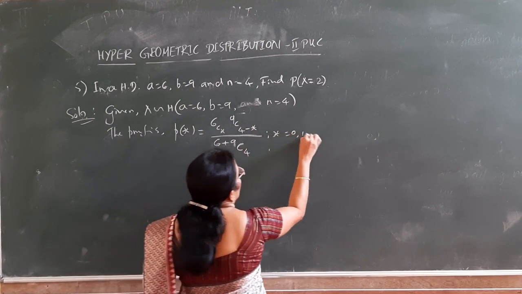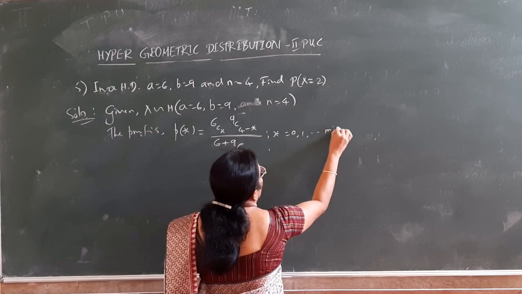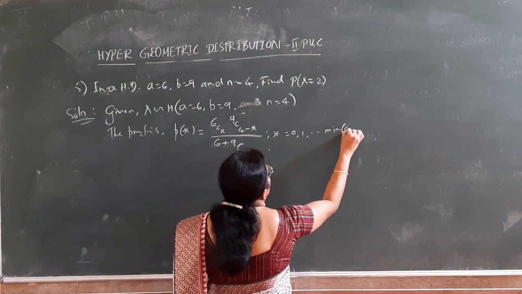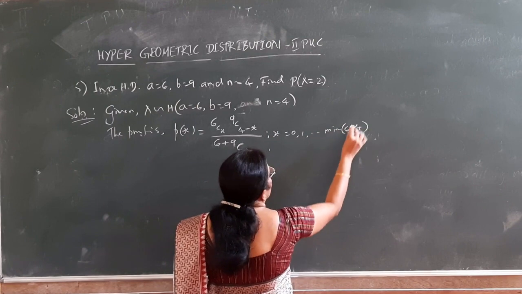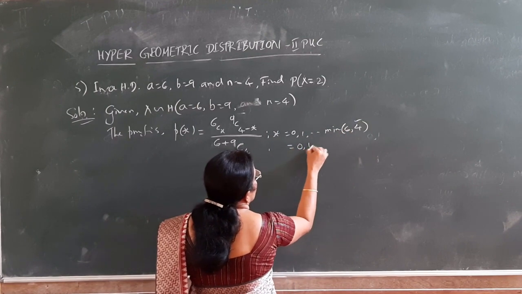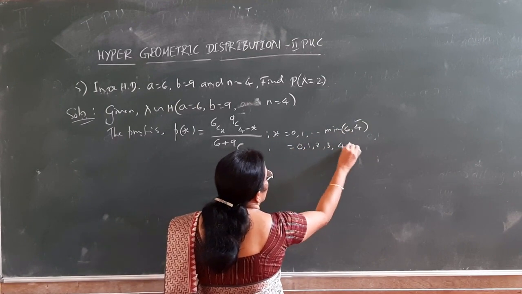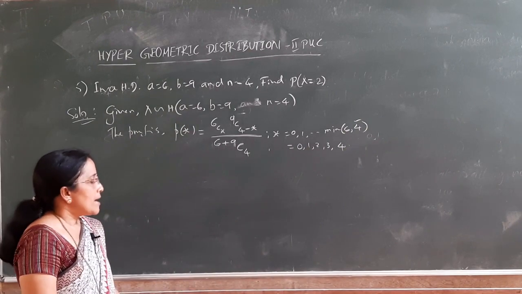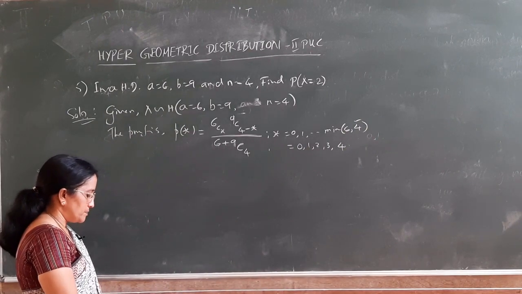X is equal to 0, 1, 2 up to minimum of A comma N. A is 6 and N is 4, which is minimum 4. So the range is 0, 1, 2, 3, 4. This is the probability mass function.